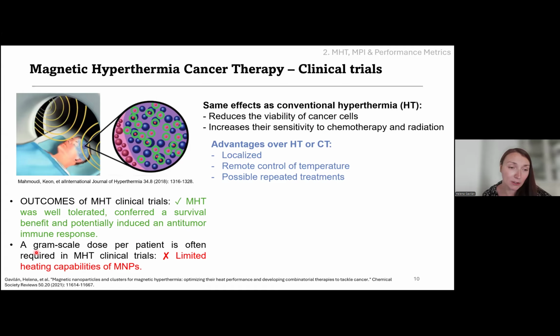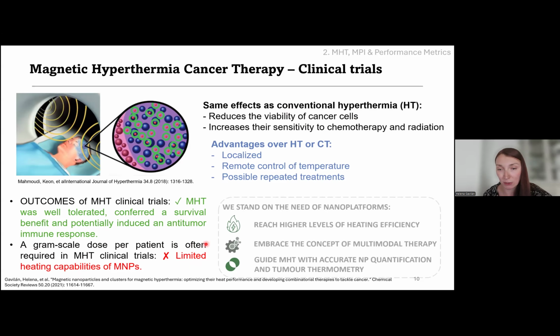But the drawback is that a gram-scale dose per patient is often required in magnetic hyperthermia clinical trials. This was due to the limited heating capabilities of magnetic nanoparticles.